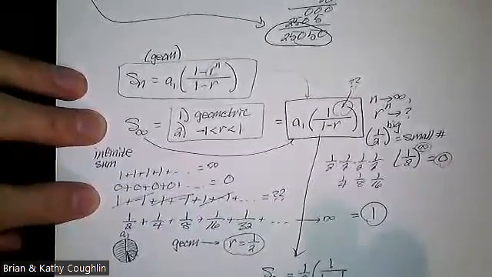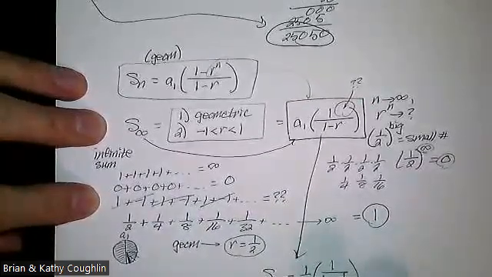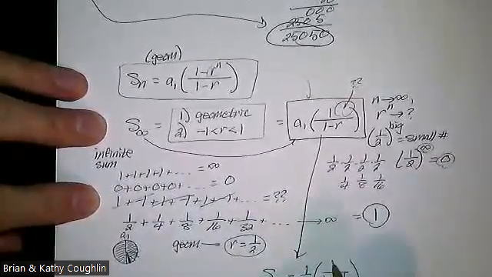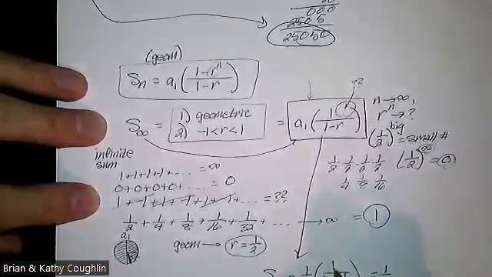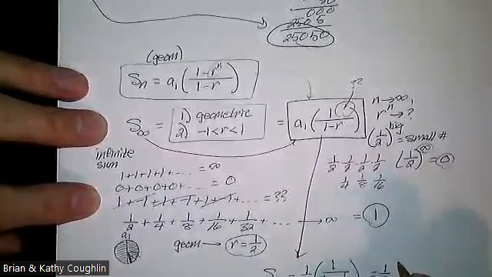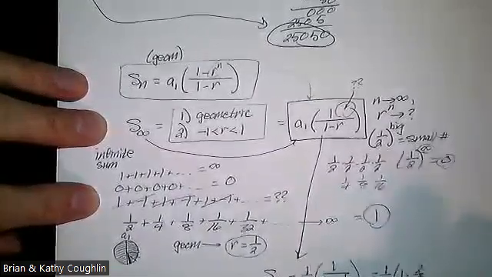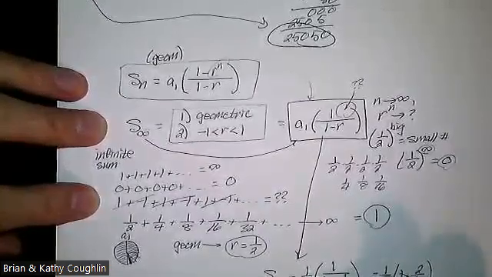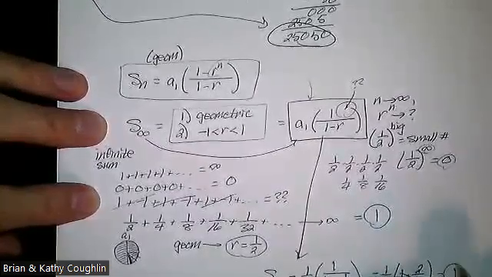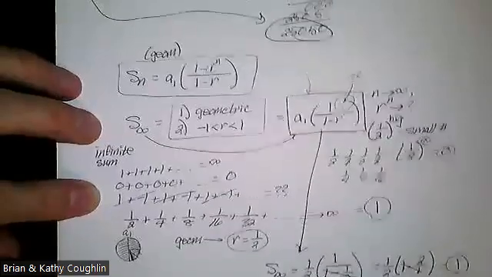So 1 minus 1/2. How do you divide by a fraction? Well, there's a trick in math to divide by a fraction. You multiply by the reciprocal. So the ones cancel, sort of. And then 1/2 times 2 is 1, which is exactly what we thought it was.